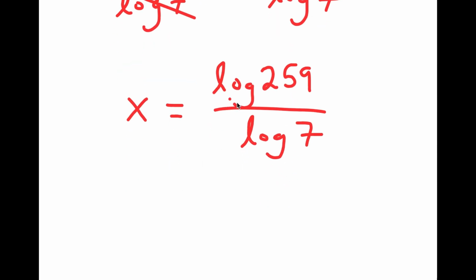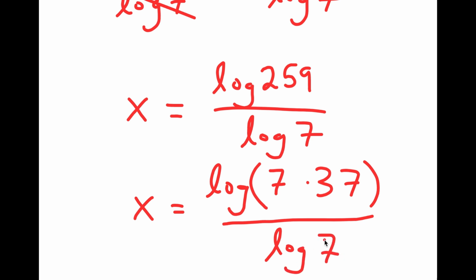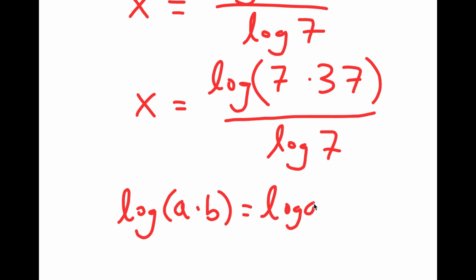Now log 259, I can rewrite that as log of 7 times 37, and now I have this over log 7. And if I have something in the form log of a times b, this is equal to log a plus log b.